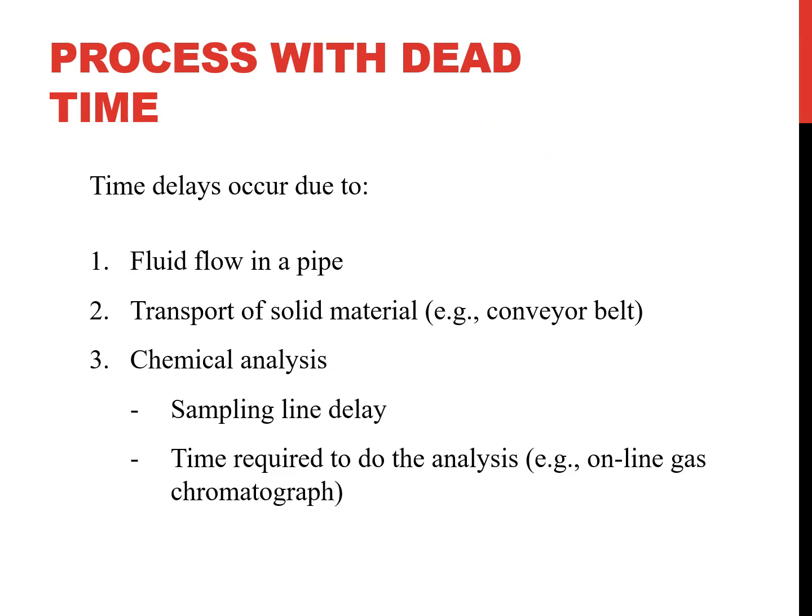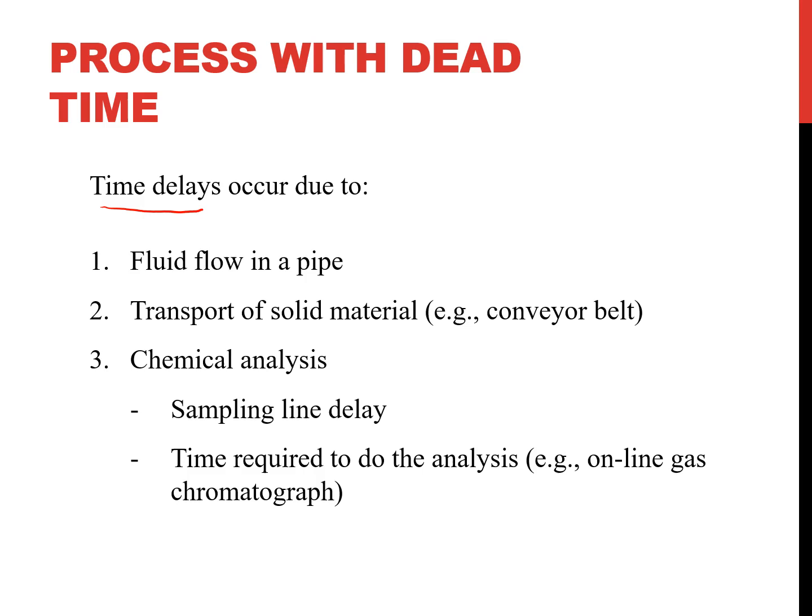Okay, another way to obtain a higher order transfer function is when we combine the process with dead time. Usually the dead time, sometimes we call it time delay. So it is the delay for the response to be measured. This delay can sometimes be based on a situation where you have slow fluid flow in the pipe.